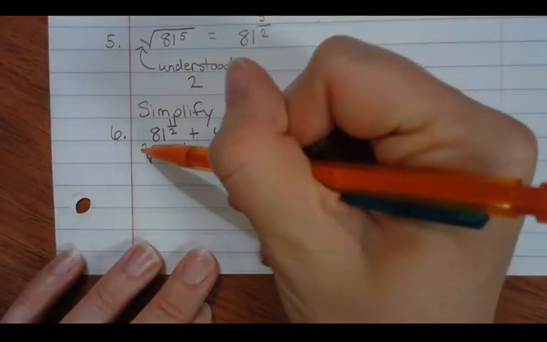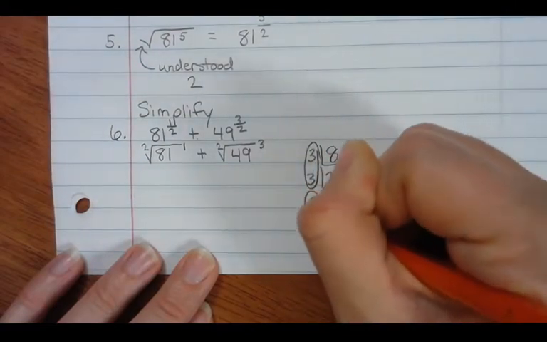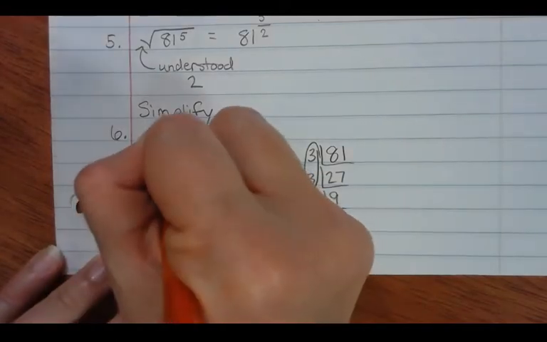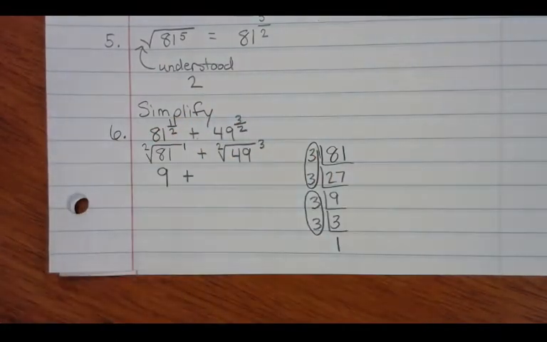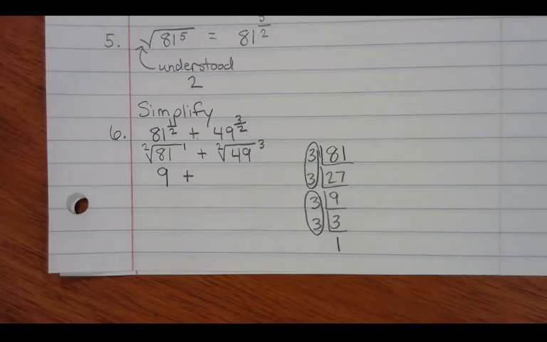So because we have an index number of a 2, we're going to be looking for pairs of like factors. So 3 times 3 gives us a 9. So again, you should know that the square root of 81 is 9 because that is a perfect square, but it still works if you need to show the prime factorization.